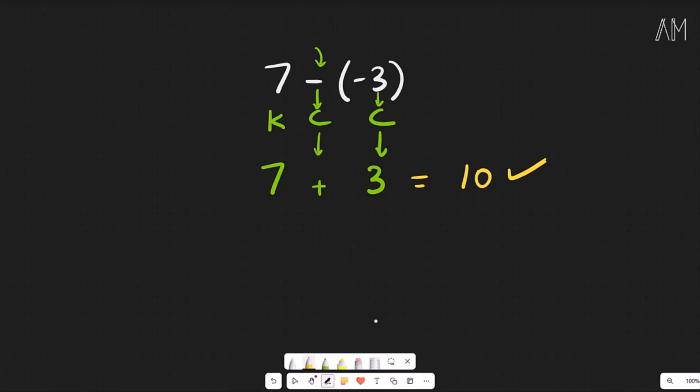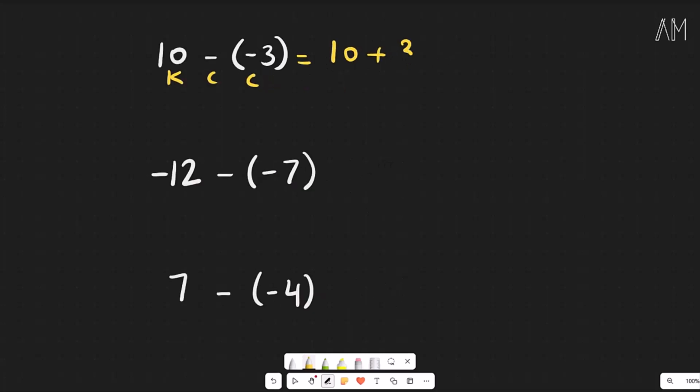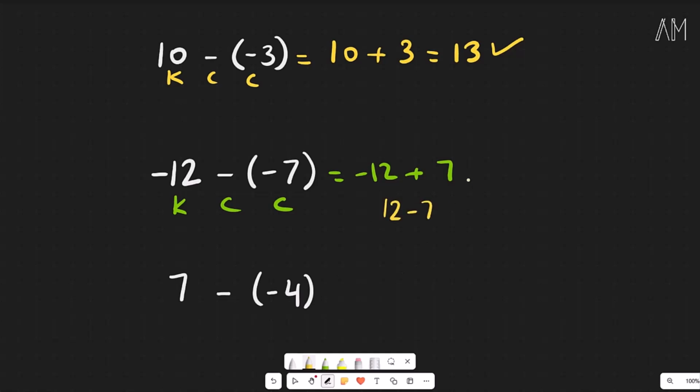Now let's solve some examples together. Very good. On the first one, apply the keep change change. It will become 10 plus positive 3, which is equal to 13. There we go. Also here, keep change change. It will become negative 12 plus positive 7. Here we have different signs, so I will subtract.